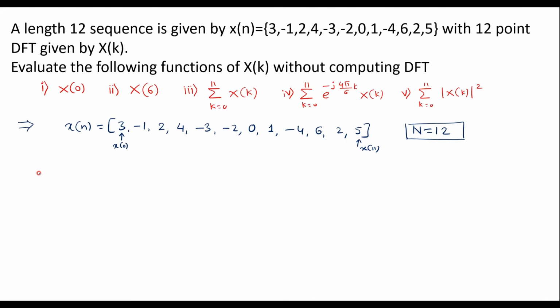Let's consider the first case. We know that the DFT of any sequence x of n is X of k, which is given by summation n equal to 0 to N minus 1 of x of n e power minus j 2 pi by N into n k, for k less than or equal to N minus 1 and greater than or equal to 0.